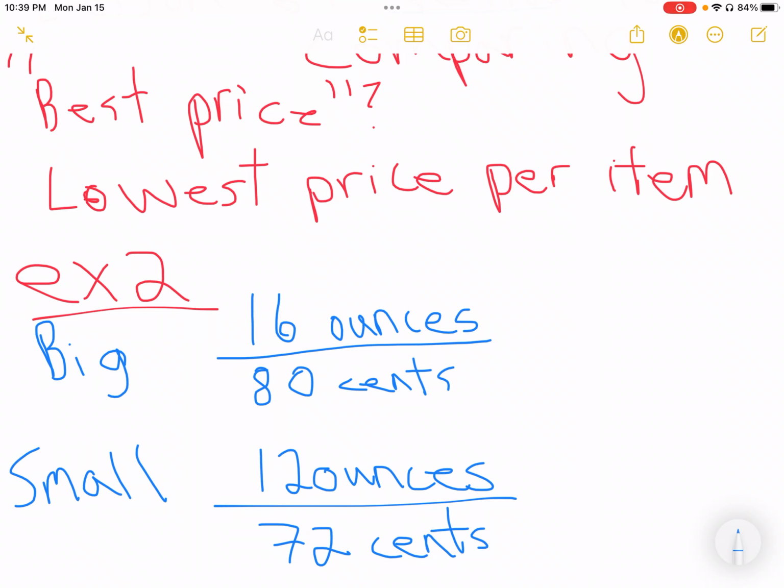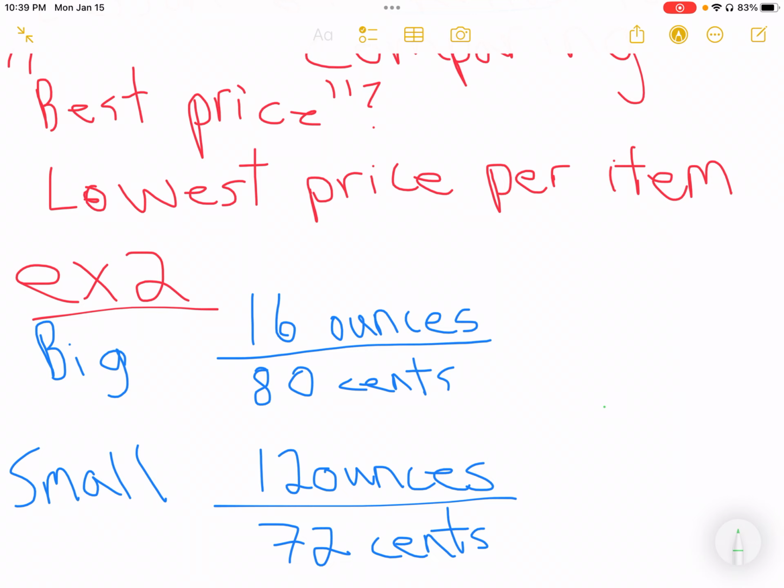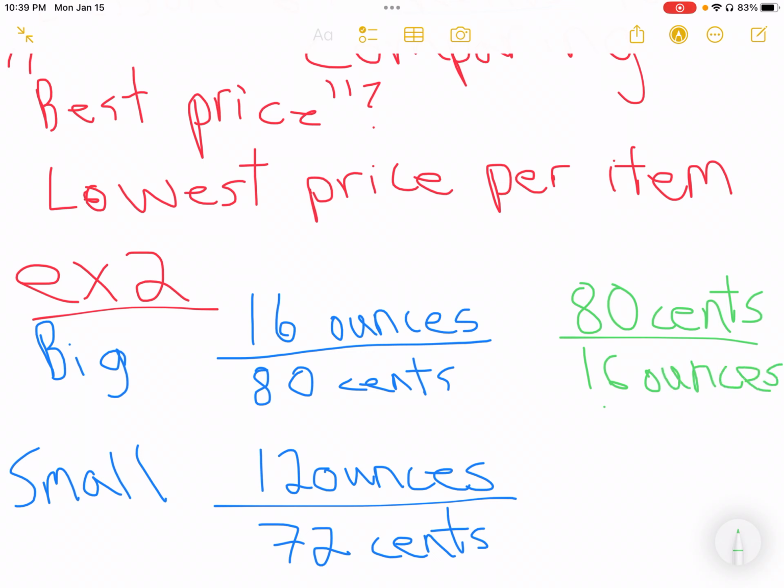I could have actually written them like this, right? I could have written, here, let me use a different color, and the book did it this way. They wrote 80 cents, and they wrote 16 ounces. I want to show you guys that I can write this any way I want, right?